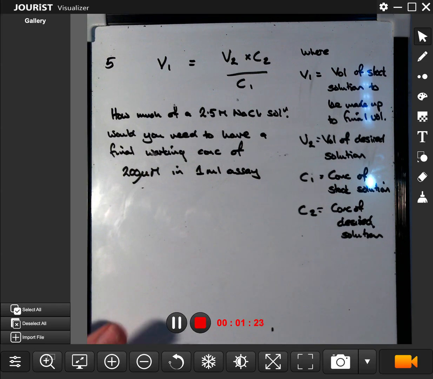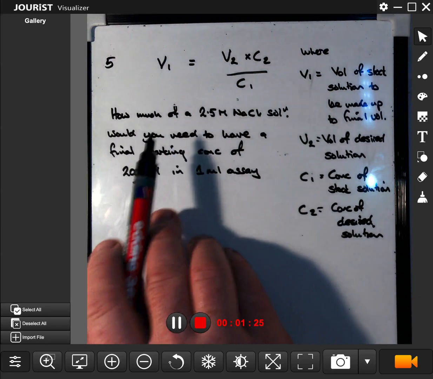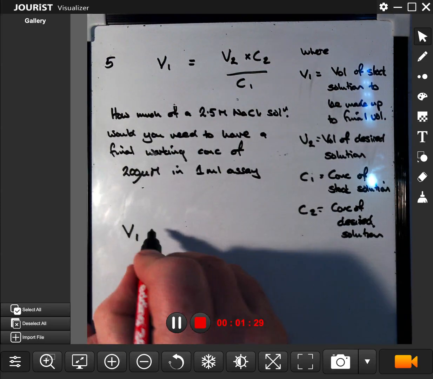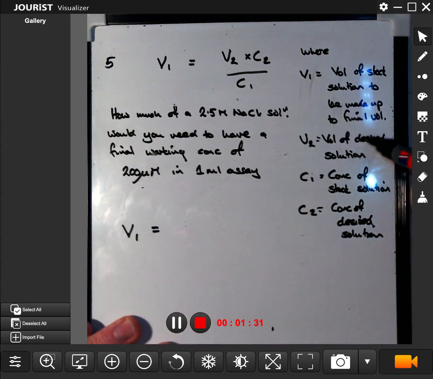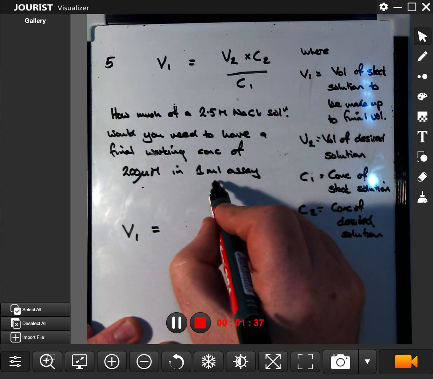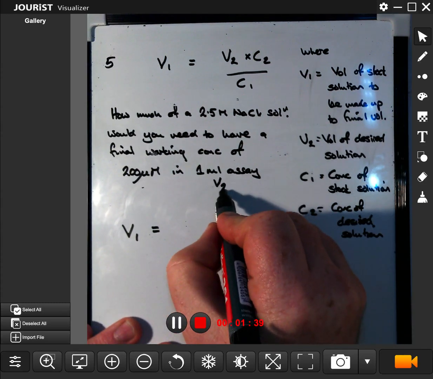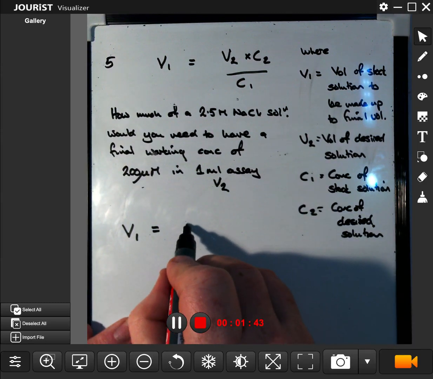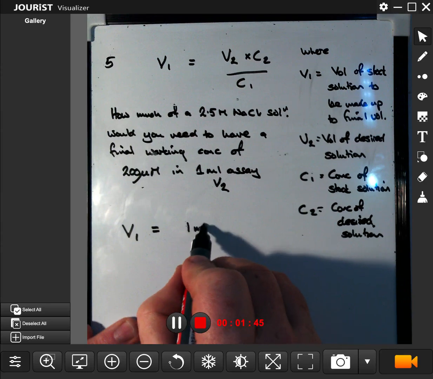So let's go through and interrogate it. V1 is what we're trying to find, and V2 is the volume of the desired solution. That's our desired solution, so we can pop this straight in here: 1 milliliter.